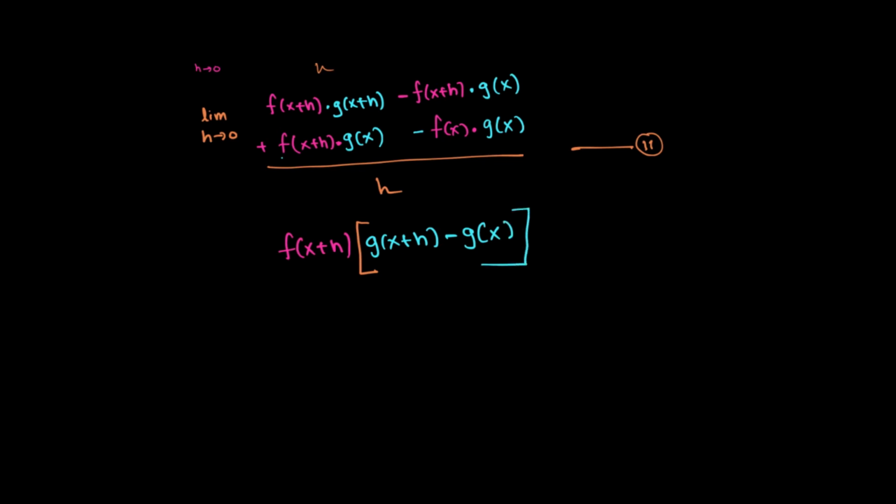And also there's the second part to this function. So we are going to now take g of x common, because we can see that in this part we have f of x plus h times g of x minus f of x times g of x. So let's take g of x common. So it would be plus g of x, and when I'm taking g of x common, we can write this as f of x plus h minus f of x.